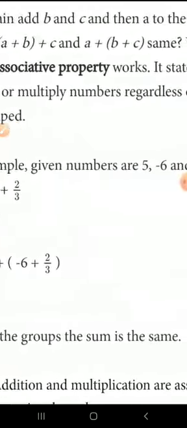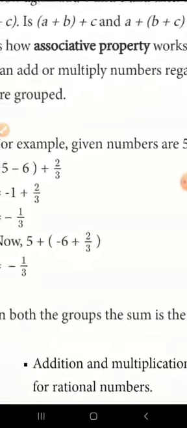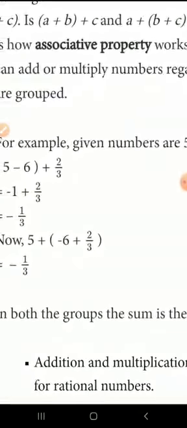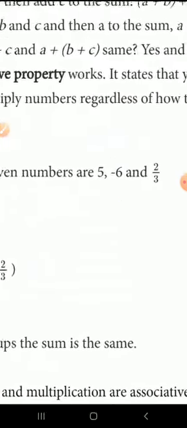Let us change the order. Now, first we are going to add the last two rational numbers. Minus 6 plus 2 upon 3, and whatever result comes, we are going to add it to 5. So on doing so, we found that 5 plus minus 6 plus 2 upon 3 is same as 5 plus minus 6 plus 2 upon 3.